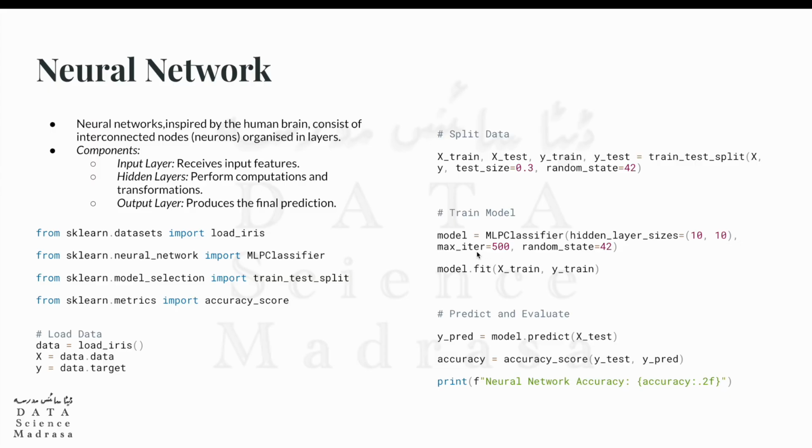Maximum iterations for training should be 500. Again, the random state is set to 42 for initialization. Model.fit with xtrain and ytrain, predictions on x-test stored in y_pred, and accuracy score compares the actuals in y_test against the predicted values for the same instances as in x-test.